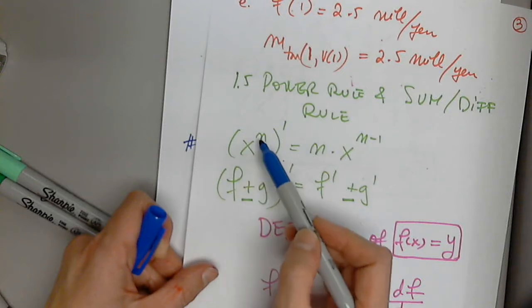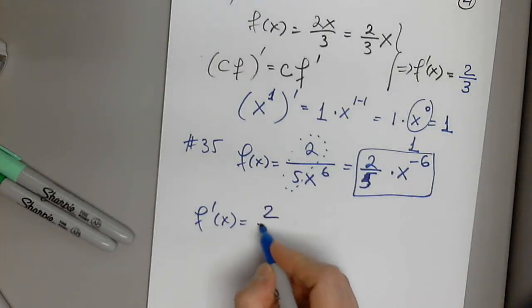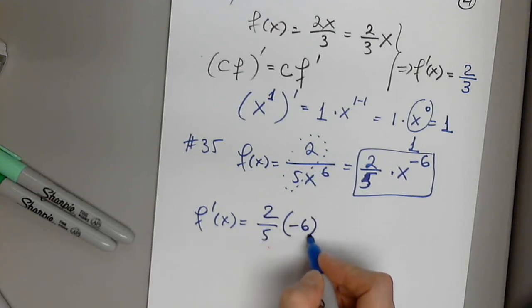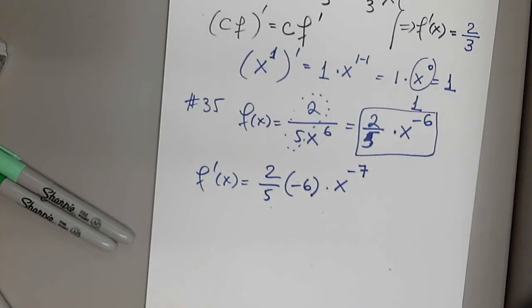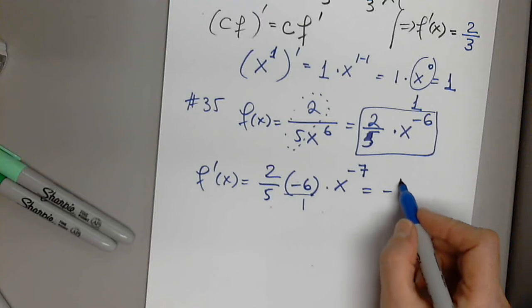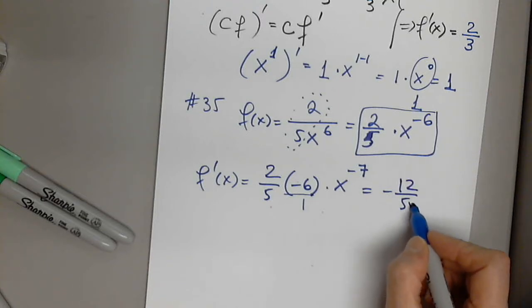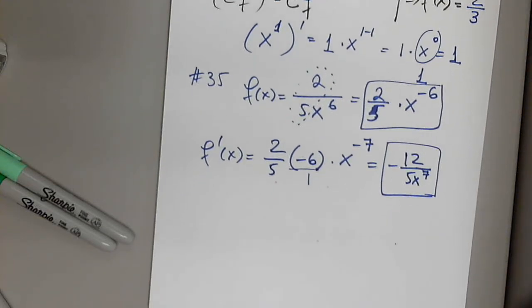I bring the power down and subtract 1 from the power. So 2/5 multiplied by negative 6 times x to negative 7. I multiply, and I get negative 12 divided by 5 x to the 7th. And now I put it back where it belongs, in the denominator. So 2 over 5 times negative 6 over 1 is negative 12 over 5. And this has negative power. It goes down to the denominator as x to the 7th.